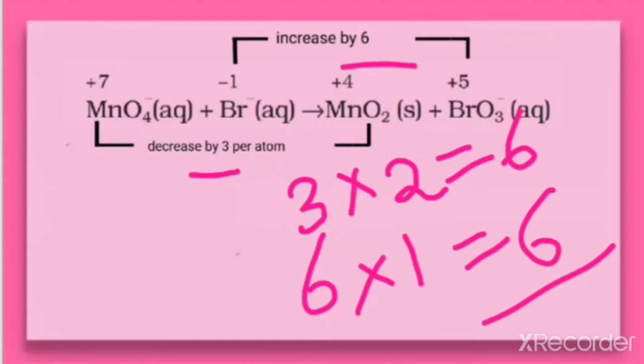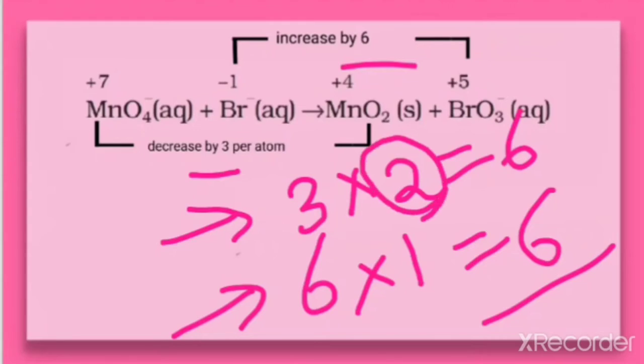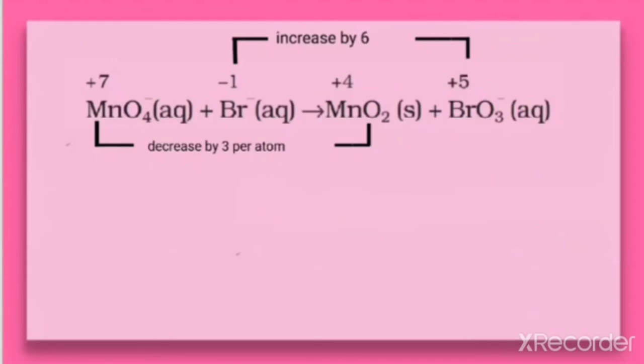So with 3 we multiply by 2, and for the increase of 6 we multiply by 1, so that the increase and decrease become equal.